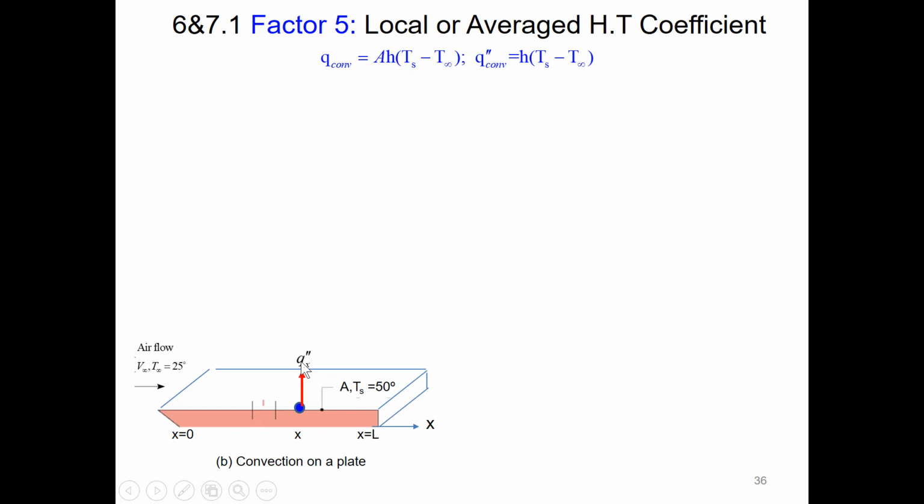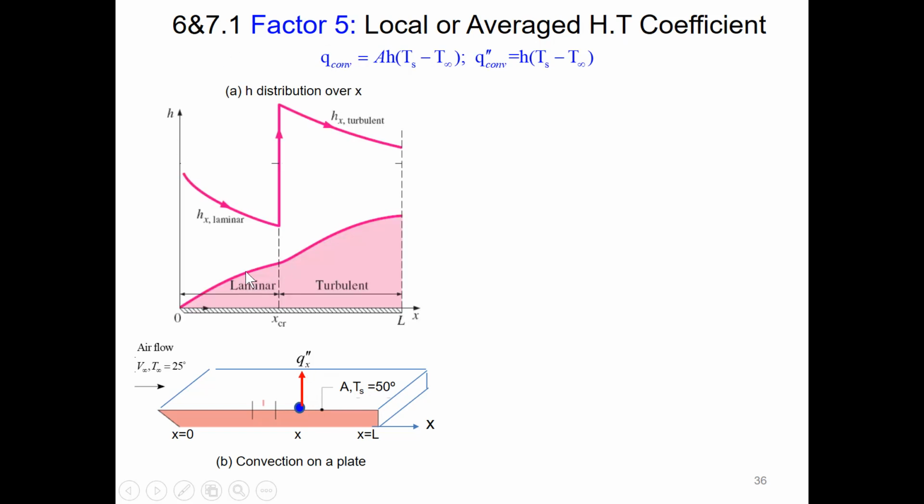Through measurement and calculation, we get heat transfer coefficient H distribution over the lengths along the flow direction X. For the flow, it starts with laminar, then at a critical distance XCR, it turns into transition, then turbulent.